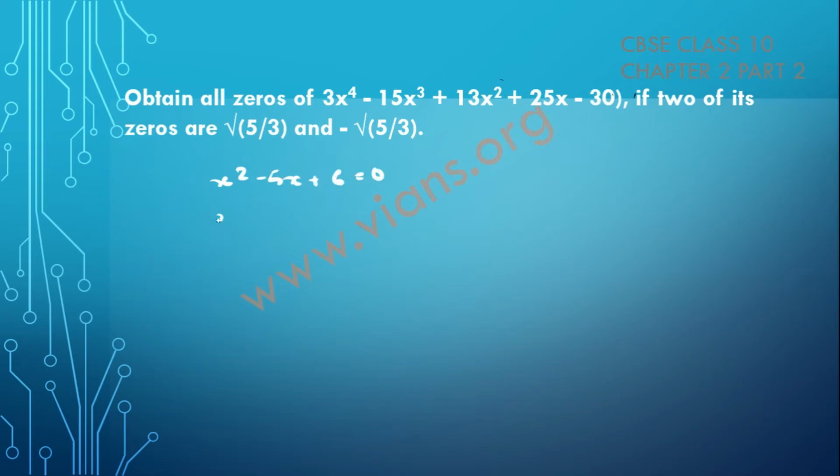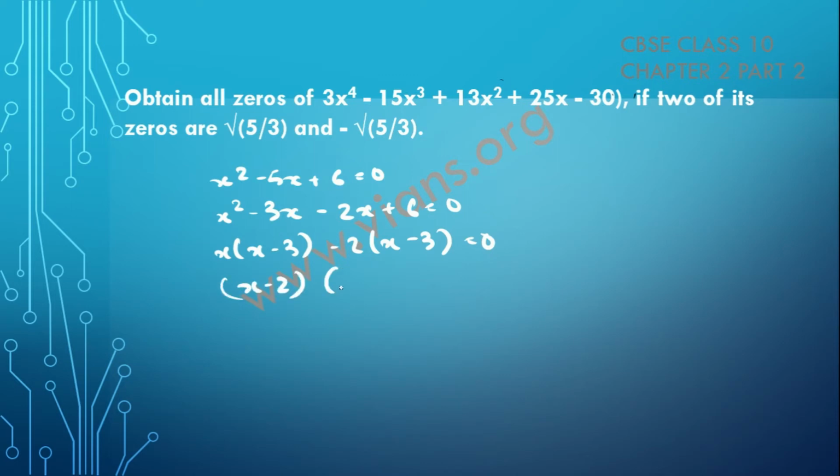What will be the two numbers which when multiplied give you 6 but which when added give you minus 5? So that's x square minus 3x minus 2x plus 6. Right? We took common factor x out and minus 2 out. Now that means this is how it should be 0.